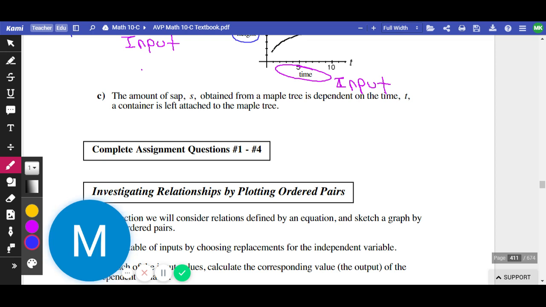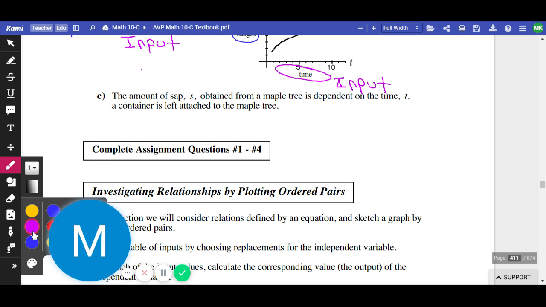We're going to figure out which one's the independent, which one's the dependent, or which one's the input, which one's the output. Okay, we have the amount of sap that you get and the amount of time that you're tapped into the tree. Which one of those things are you choosing? You're choosing the time, right? You choose how long you're going to be in that tree, trying to drain that tree.